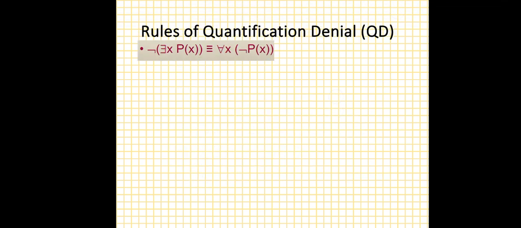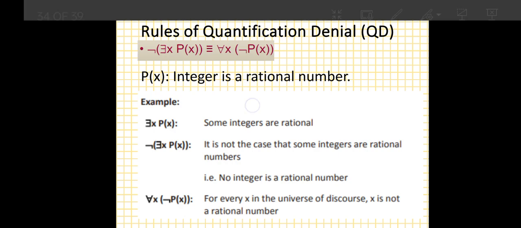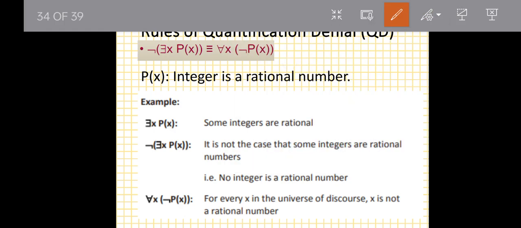So, dito naman tayo, no? Sa negation ng ating existential quantification. Bakit siya equivalent lang sa for all x negation ng ating p of x? So, let's have an example. Our statement here, integer is a rational number. Ang kanyang sentence or phrase in existential quantification is that some integers are rational numbers, okay?